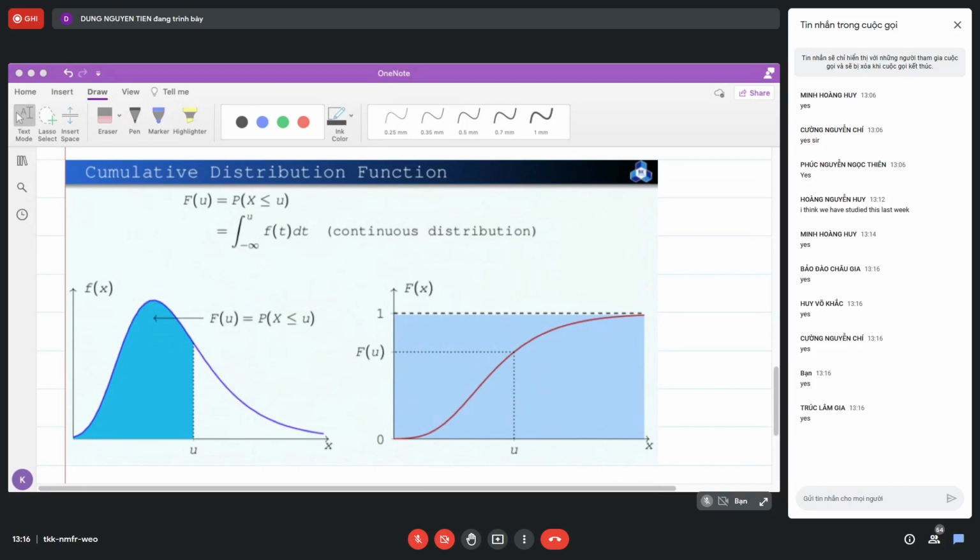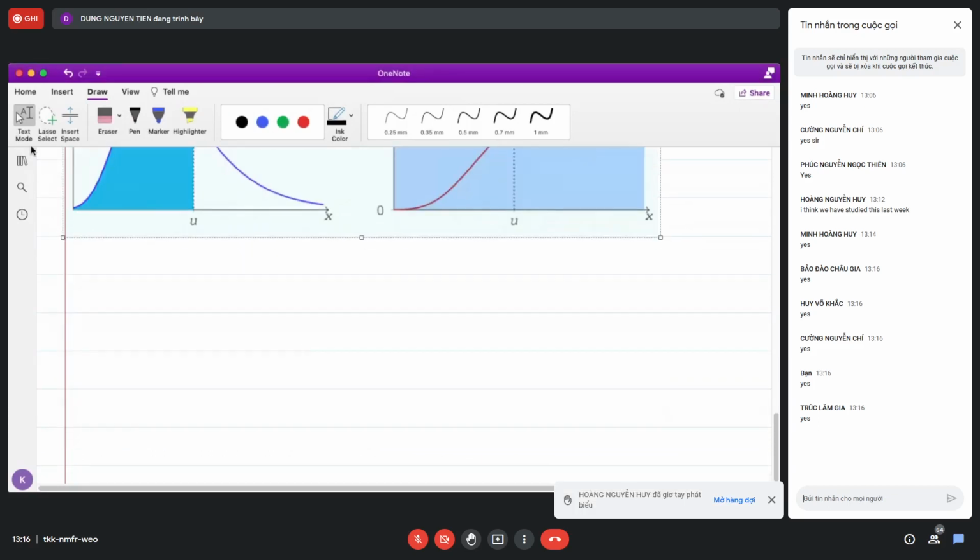Okay. All right. Now I will move to the next example, showing a little bit more details about the cumulative distribution function.